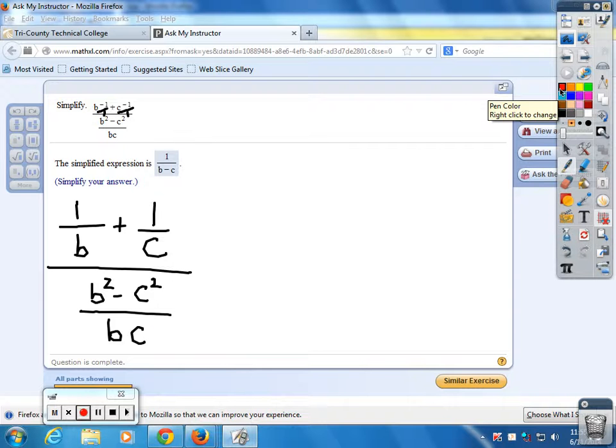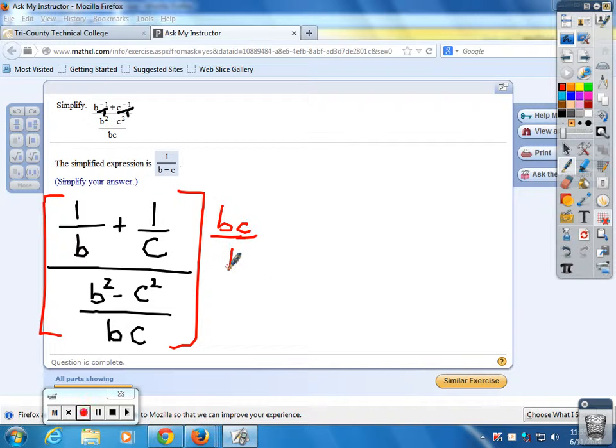What is the common denominator? BC. BC over 1. Yep. BC over 1, over BC over 1. I'm going to put a baby step in there.